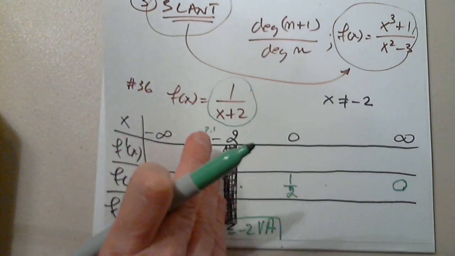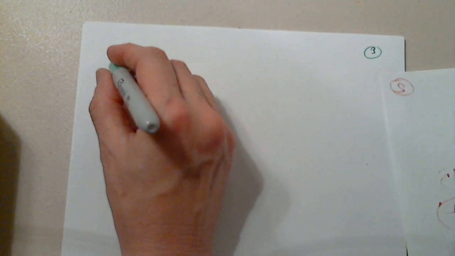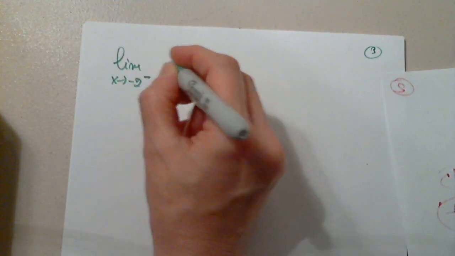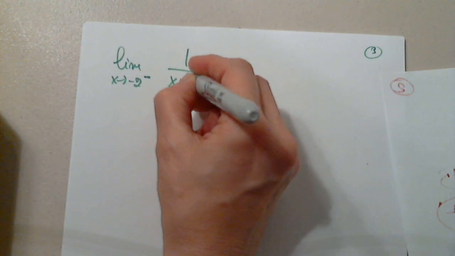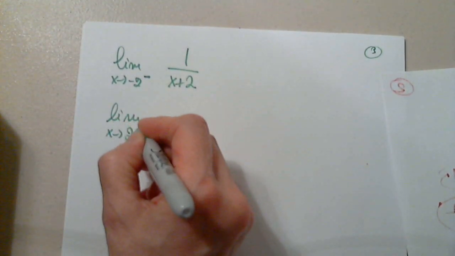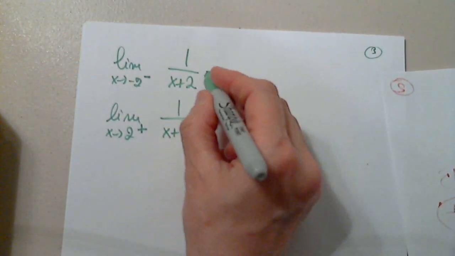Okay, I think it was not clear what I was trying to say, so let me say it again. We want to find the limit as x approaches negative 2 from the left of 1 over x plus 2, and the limit as x approaches negative 2 from the right of 1 over x plus 2.